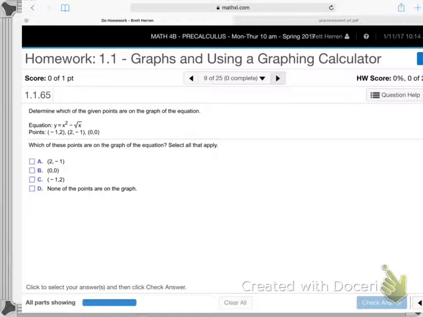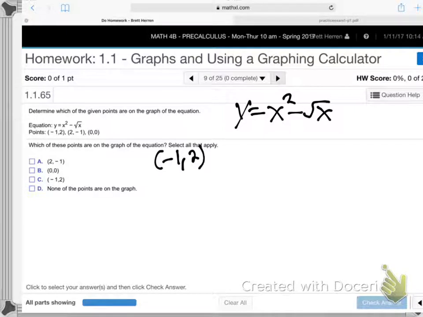So you take y equals x squared minus root x, and we're going to plug in, let's start with the one that's negative 1, comma 2. Basically that's an x value and a y value. We're going to plug those in to see if it's true or not.